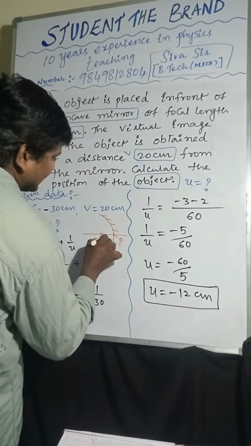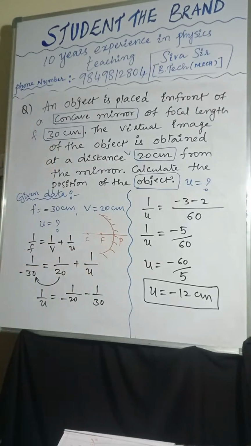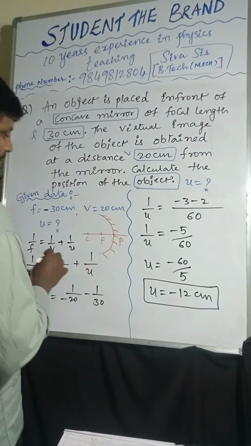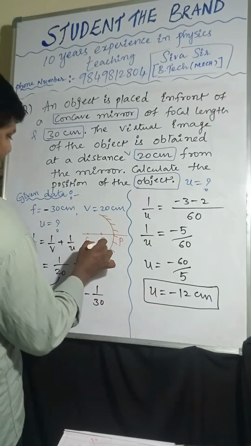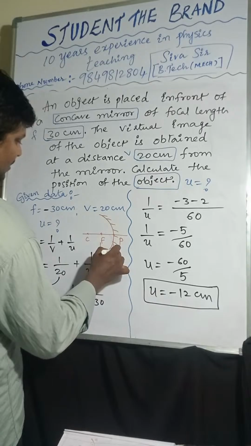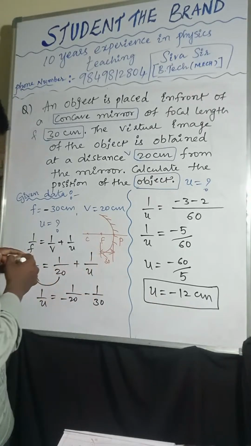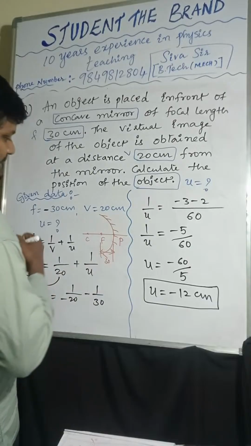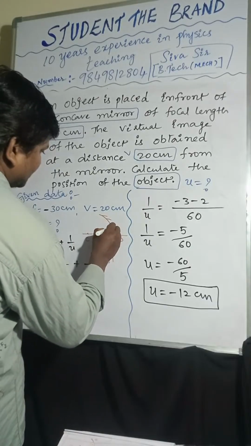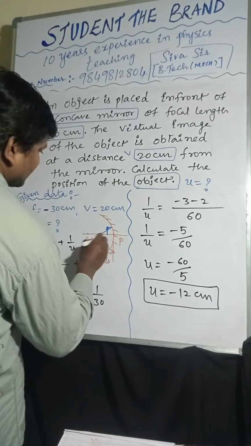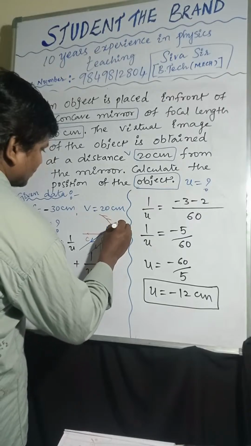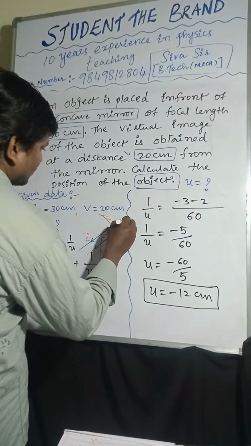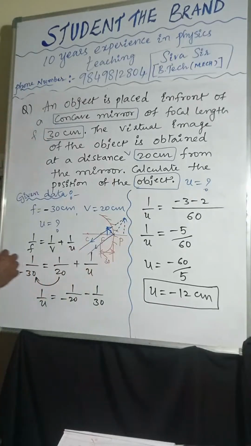The object is placed, focal length is 30, means this is 30 and 30. The object must be placed between F and P in order to get a virtual image.